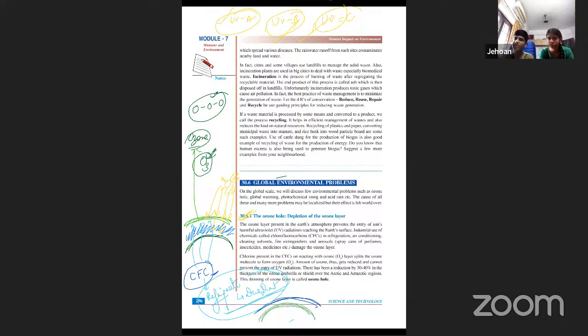The chlorine present in CFC reacts with ozone, which splits the ozone molecule to form oxygen. The amount of ozone thus gets reduced and cannot prevent CFC leakage. There has been a reduction of 50% of the ozone umbrella or shield over the Arctic and Antarctic regions. The thinning of the ozone layer is called an ozone hole.